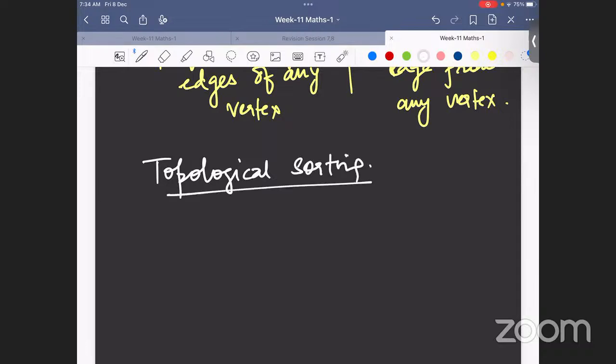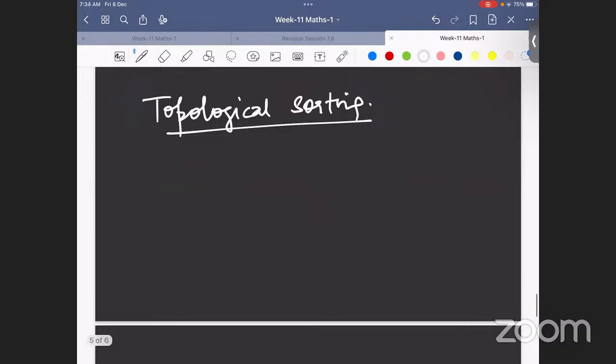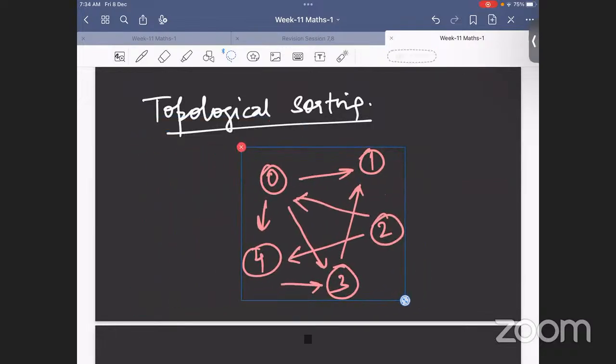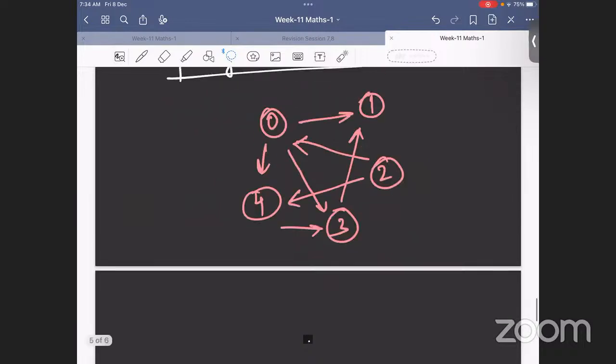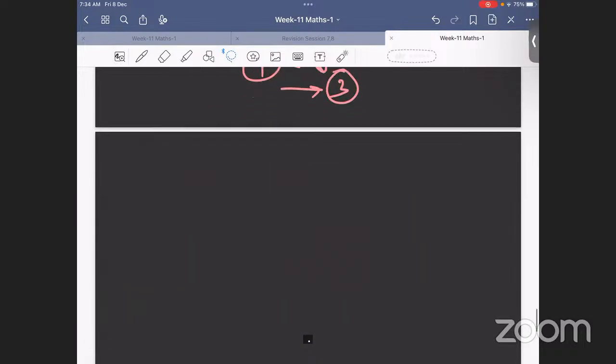How do you write the sequence in such a way that the later one is somewhat dependent on the previous one? So what are the steps to calculate the topological sorting? There are some 3-4 steps that you should know. The first step is what?